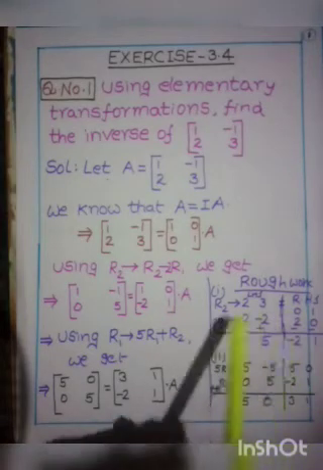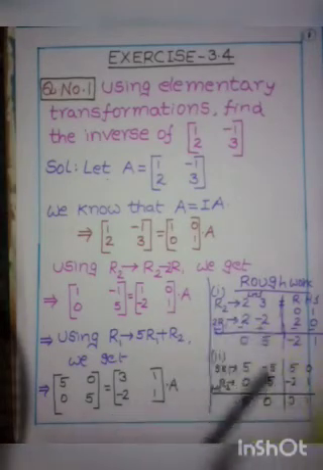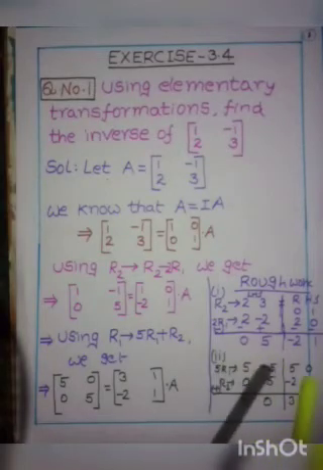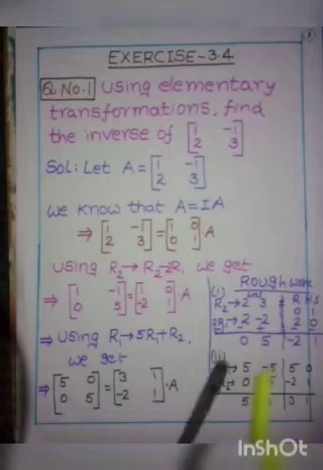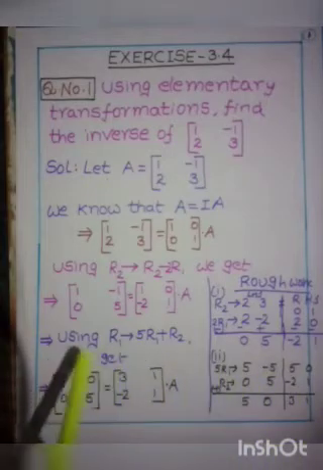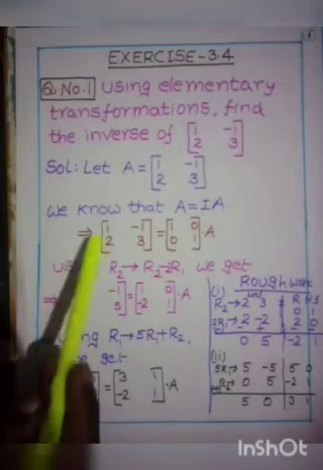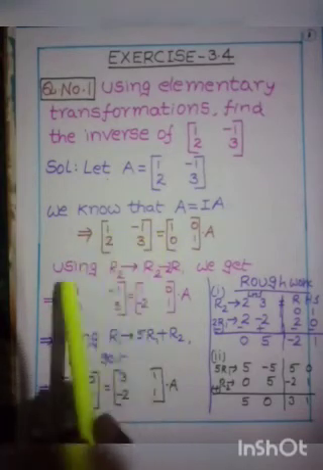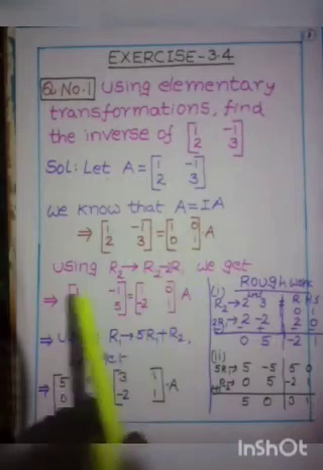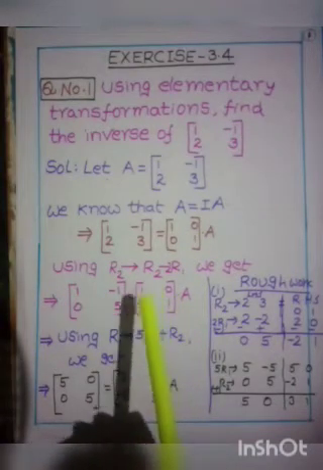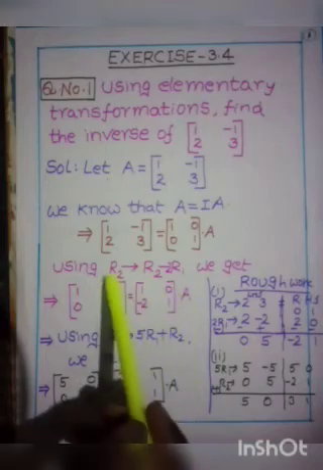We use this rough work for the remaining row operations also. Like this only we do the remaining operations also. Then we got this matrix. I wrote the first row as it is, 1 minus 1 is equal to 1 0. Here the first row elements are not changing, only the second row.